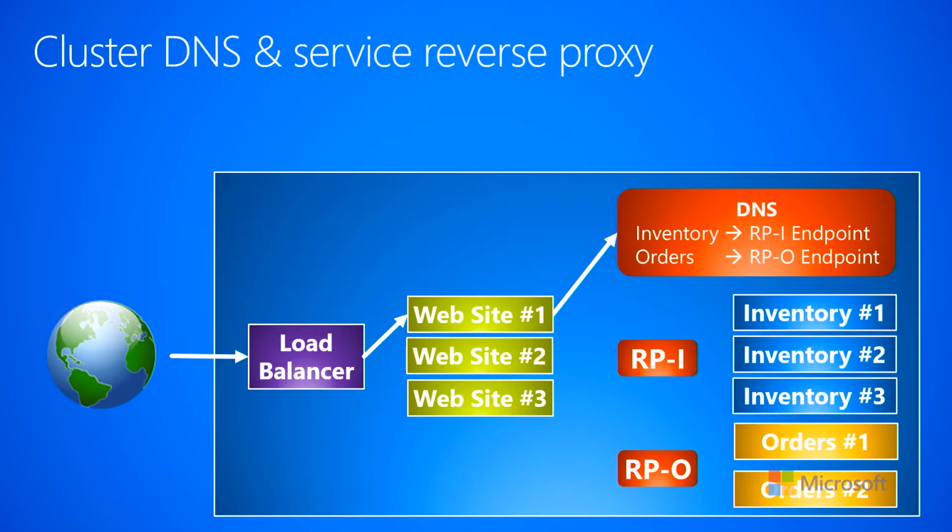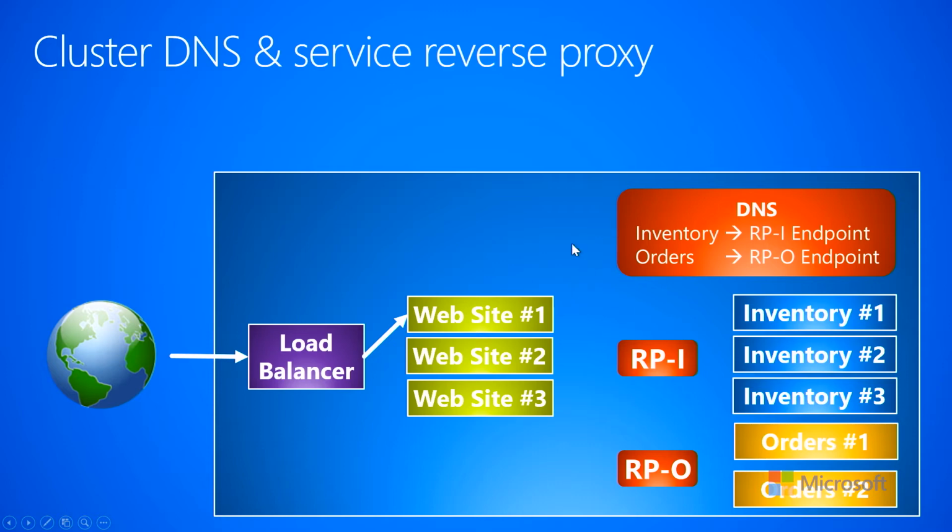And the domain name service really has a map or table in it that maps the inventory service. This is the endpoint of the reverse proxy for the inventory service. And for the order service, this is the endpoint of the reverse proxy for the order service, which are these red guys over here that I show inside the cluster.